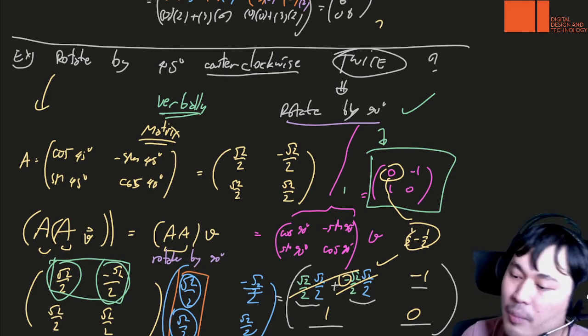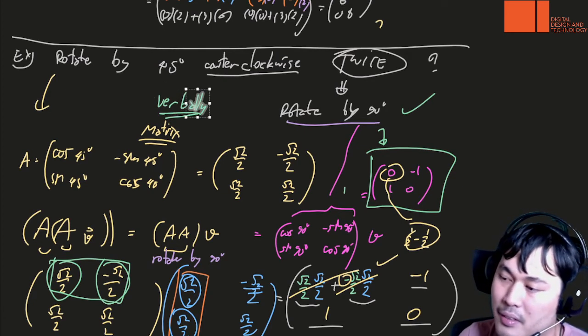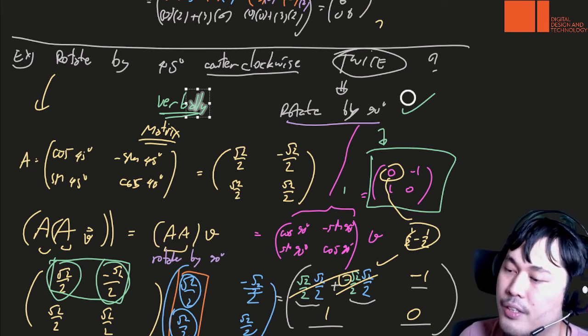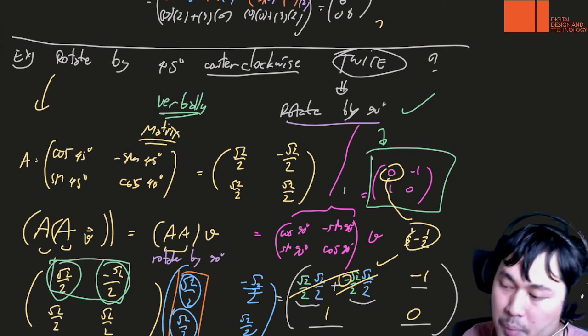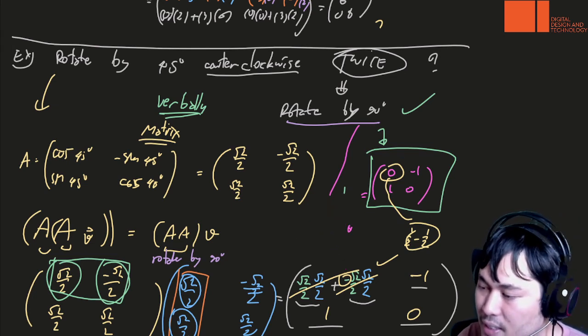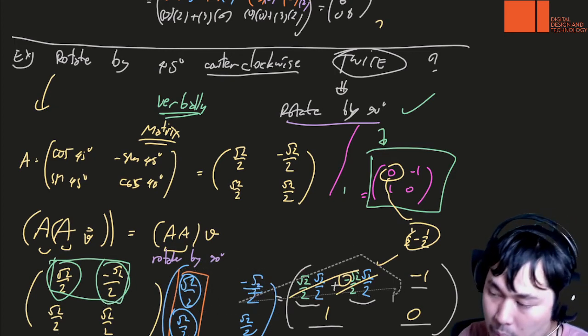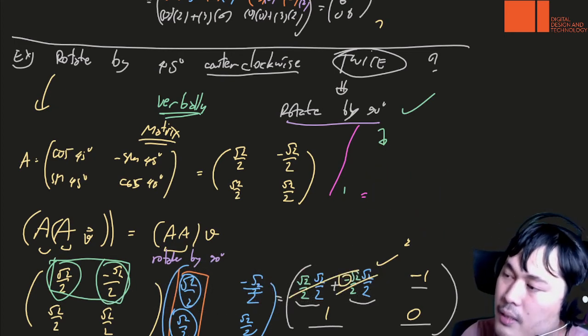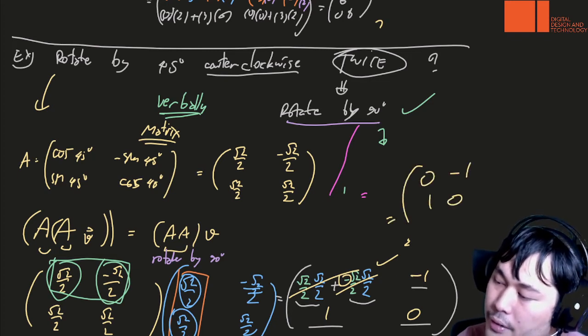So let's go back a step. If you explain it verbally, it's just a single rotation by 90 degrees. But if you use matrix multiplication, suppose we don't know this fact yet, then you have to multiply them together to get a matrix that happens to be 0, -1, 1, 0.